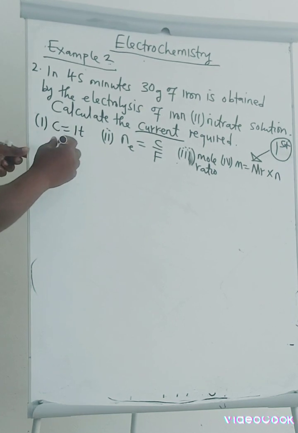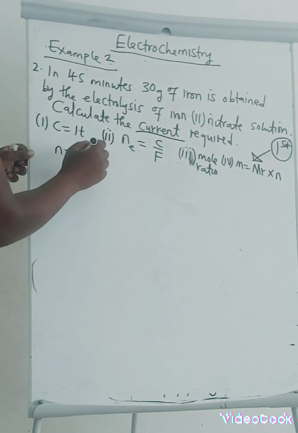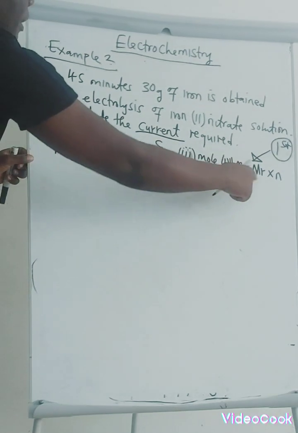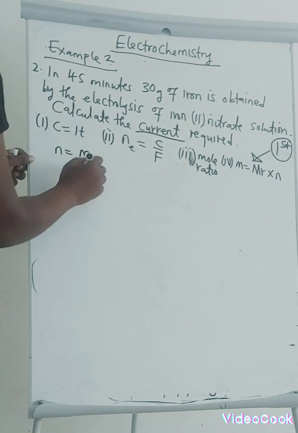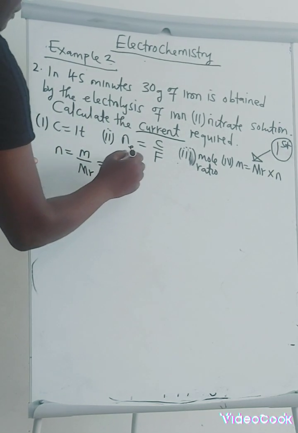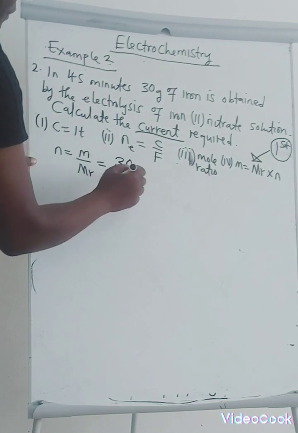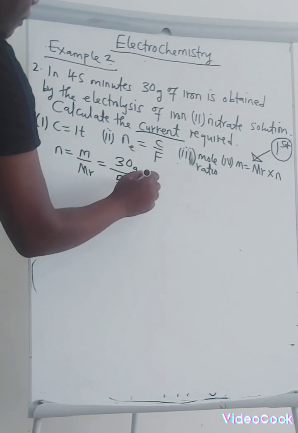Number of moles is equal to mass over Mr. So mass of iron, which is 30, over Mr of iron, which is 56 grams per mole.